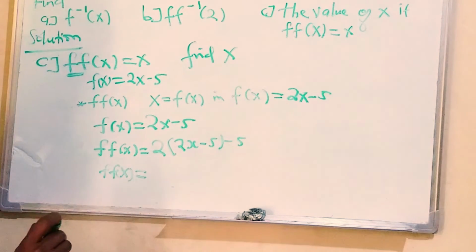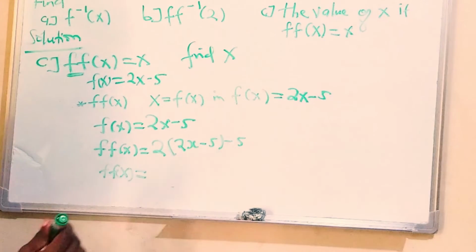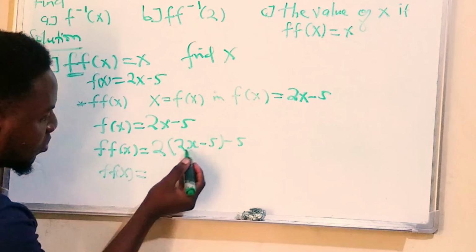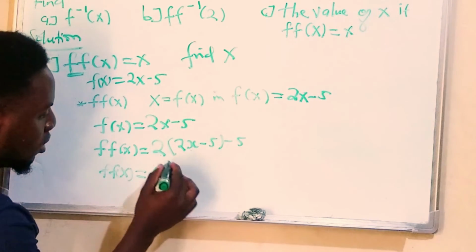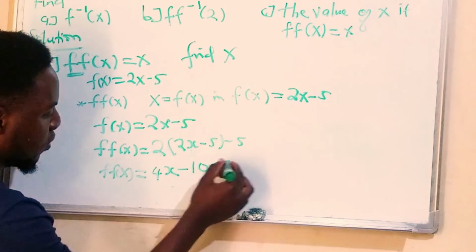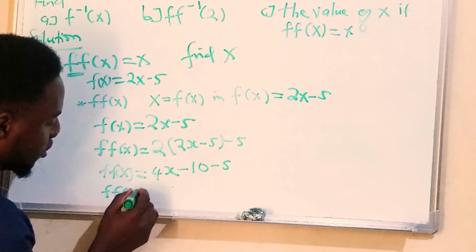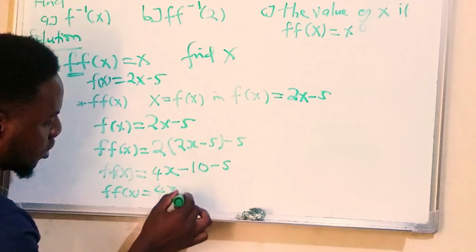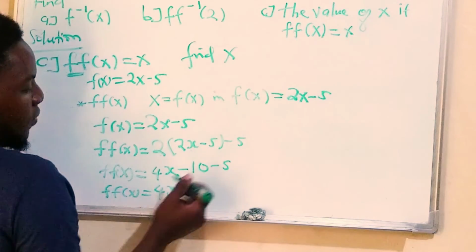And I've said when you have brackets like that, it's multiplication. So 2 multiplied by 2x, we have 4x. 2 multiplied by negative 5, you have negative 10. Then you have negative 5 there. Then f of f of x is equal to 4x minus 10 minus 5.